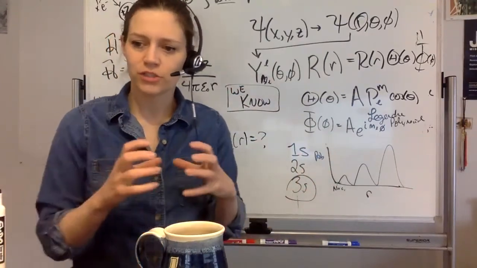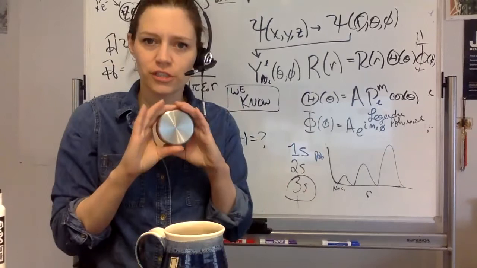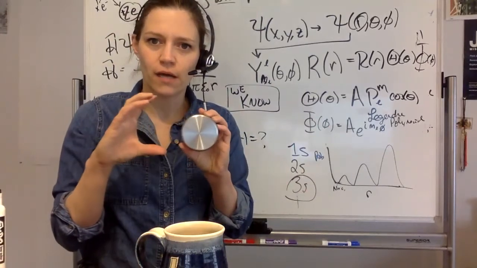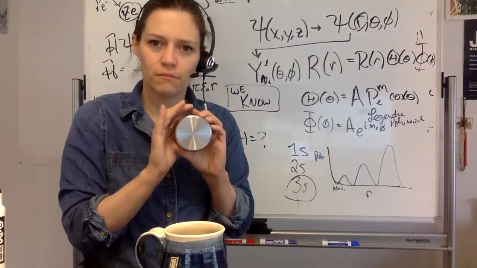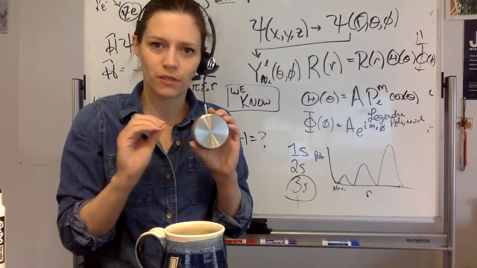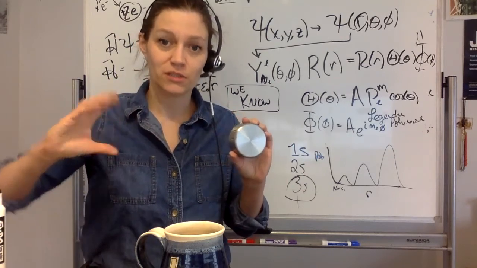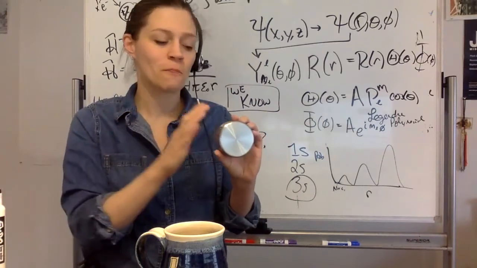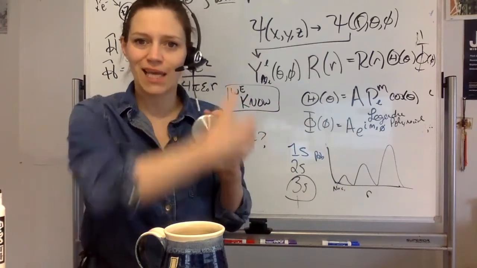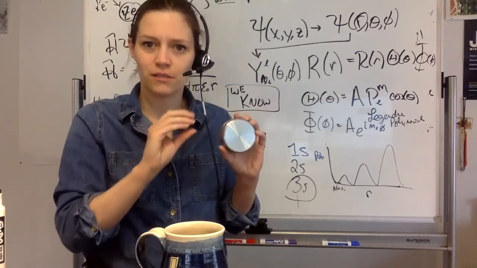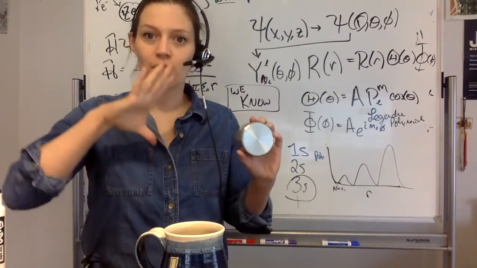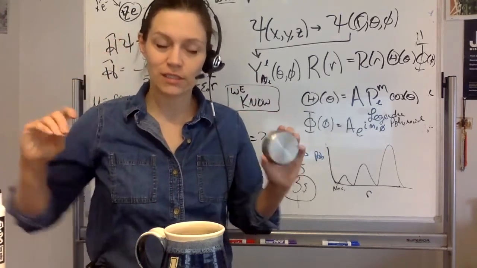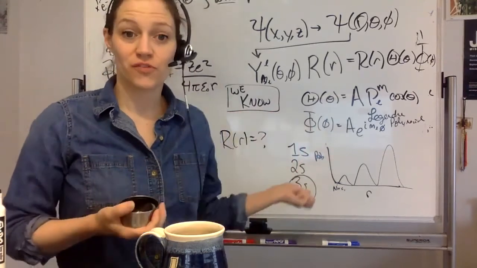You've got your sphere, got your nucleus, and then as you're going out, 1s disappears, 2s disappears, 3s disappears. And I say disappears as in that's where the radial node is. So there's an encased sphere. Probability decreases, a larger one decreases, a larger one decreases. So this is for the 3s.